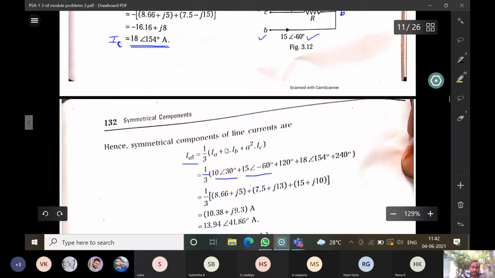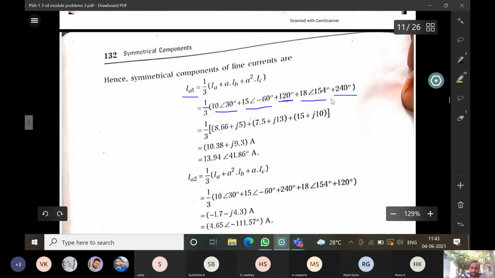And A can be written as 1 at an angle 120, and IC is 18 at an angle 154 plus A square, 1 at an angle 240 degree. Calculate this directly, no need to convert to rectangular form. Directly solve it in your calculator.